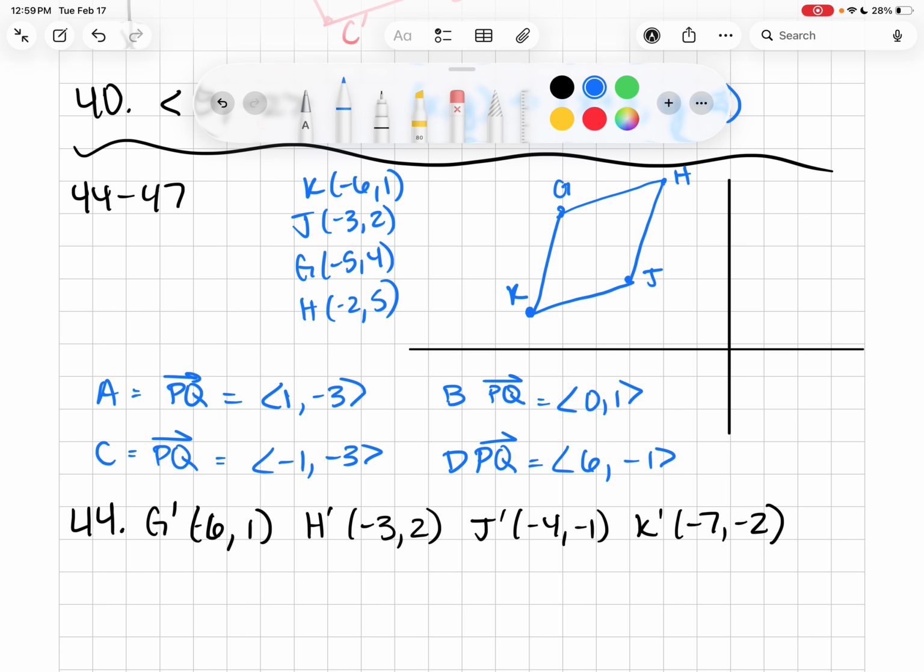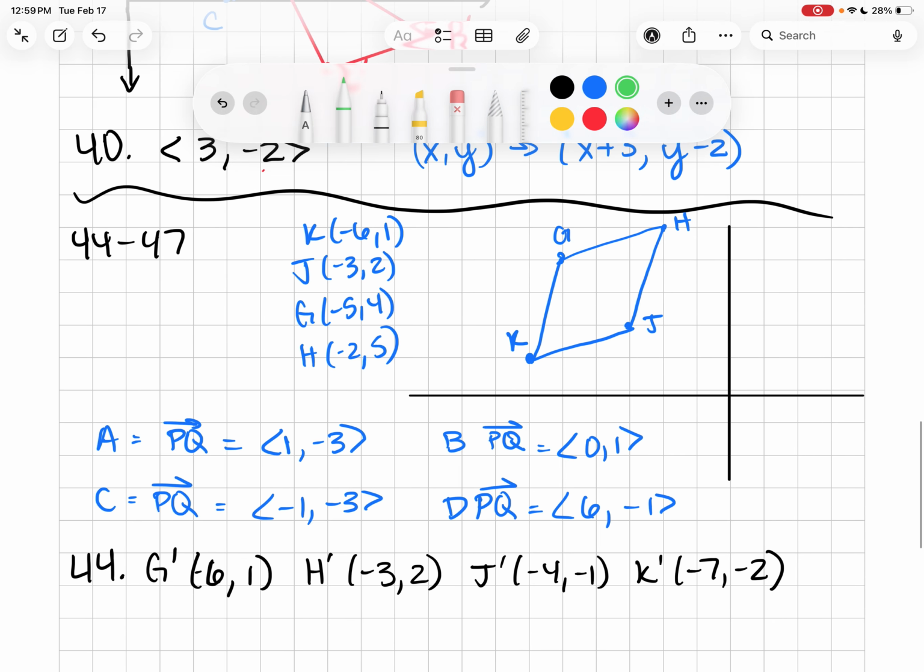So if I was looking at G prime, it's (-6, 1). So I would put that on here. 1, 2, 3, 4, 5, 6, and +1. So it's right here. Then I would look at, okay, how do I get from this value here to this value here? So how does that happen?